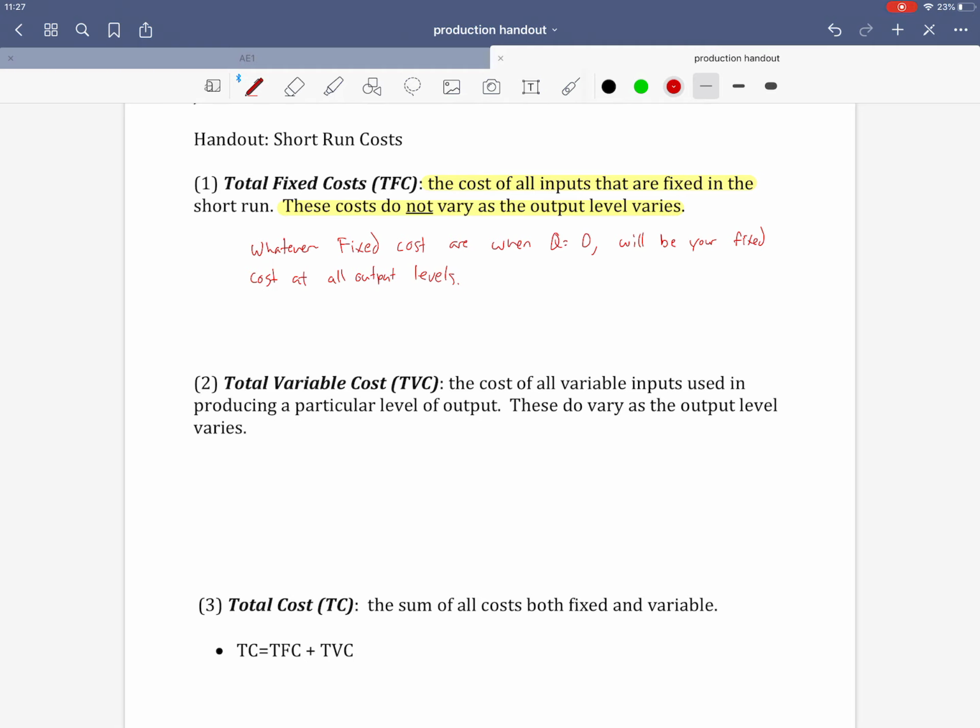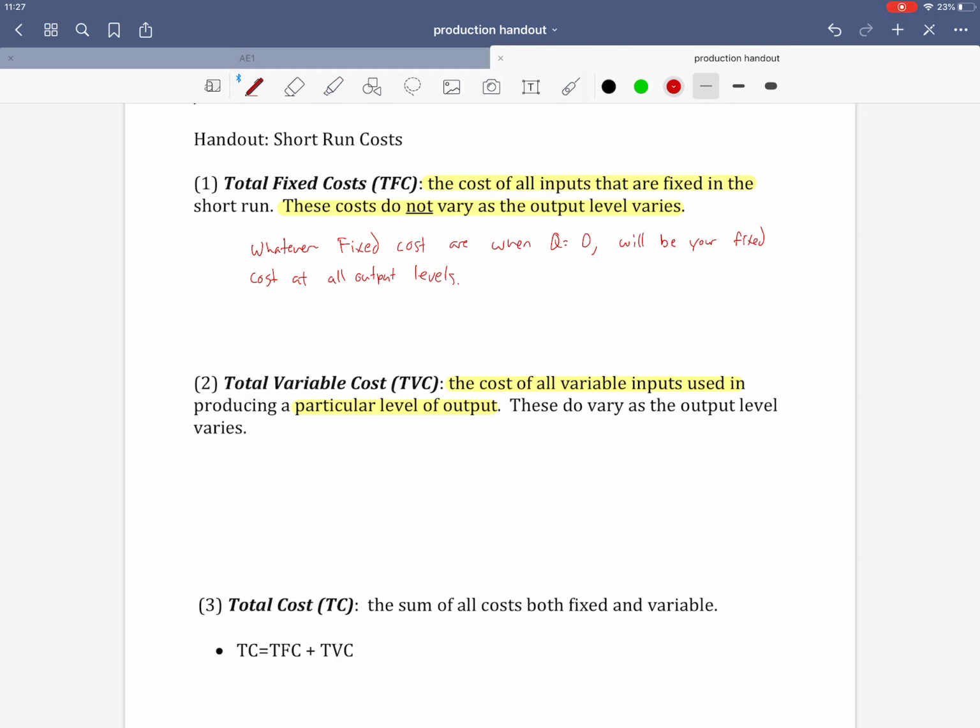Now our next one that we have are our variable costs. Now our variable costs are going to be the cost, once again, of all of our variable inputs used in producing a particular level of output. So if you're producing 3 units, your variable costs are going to be different than if you were producing, say, 8 units. So let's look at that.